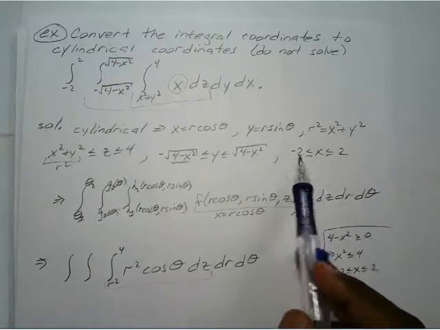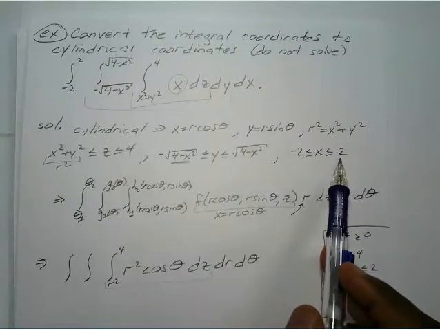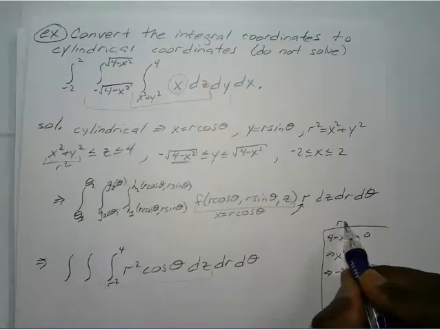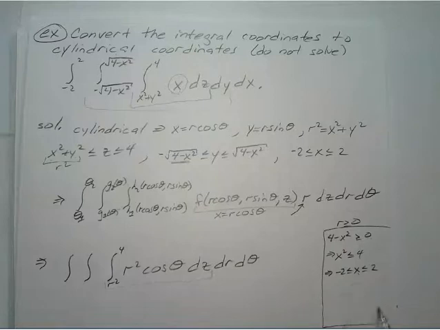We know that already from here. Your radius is greater than or equal to 0, so your radius has to be between 0 and 2.